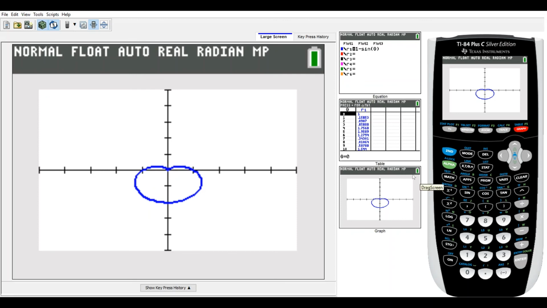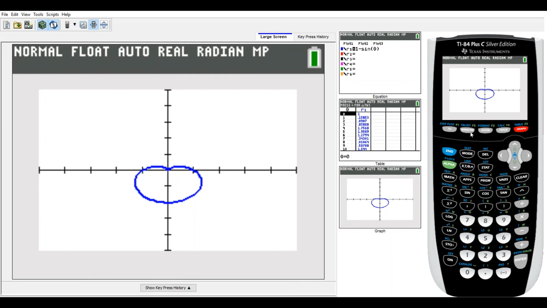There is one thing I want to point out. Sometimes students have the question of, well, how do we know to graph from 0 to 2 pi? And there are little tricks you can do to remember how far to graph each one of these new shapes that you've never seen before. But it's easier just to keep graphing until you start looping over that same shape again.